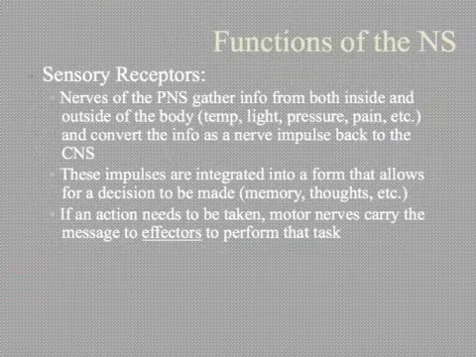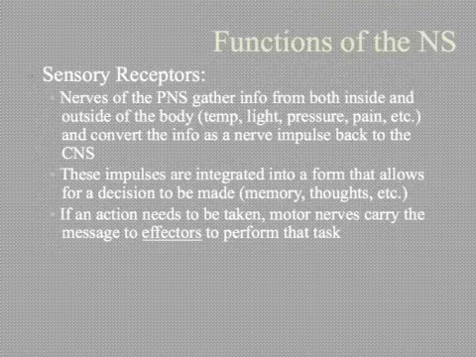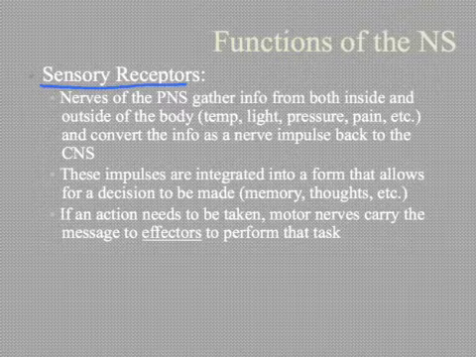The jobs of the nervous system, again: sensory receptors' function is to detect changes using your senses. So it might be light, hearing, taste, smell, or something like pressure or pain, and then to take that information and pass it back to the brain in the form of a nerve impulse.